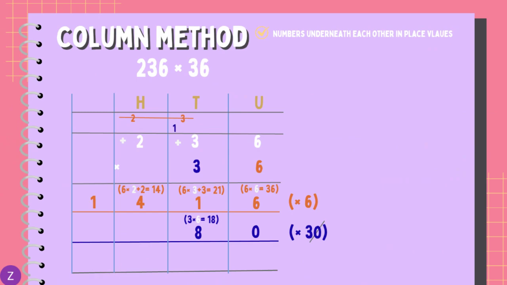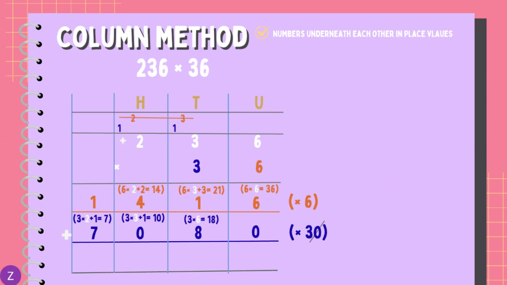Then we multiply 3 times 3, but remember, we must now add the 1. So it's 3 times 3 is 9, plus the 1 is 10. The 0 goes to the bottom, and the 1 goes to the next column at the top. Then we still multiply with a 3. It's now 3 times 2, which is 6, plus 1 is 7.